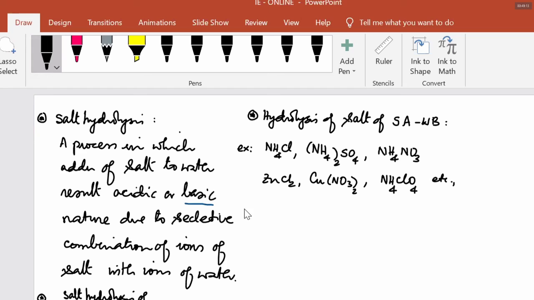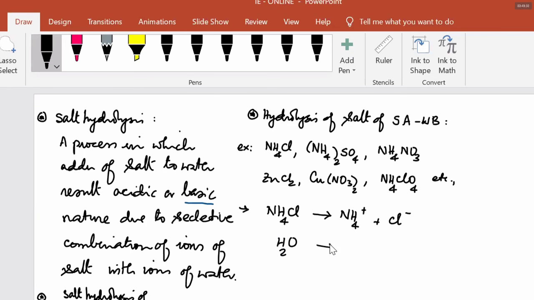Come on, next step. Who is undergoing hydrolysis? Let us take ammonium chloride, which dissociates to give ammonium ion along with Cl minus ion. Now let us add water. Water will give H plus ion and OH minus ion.